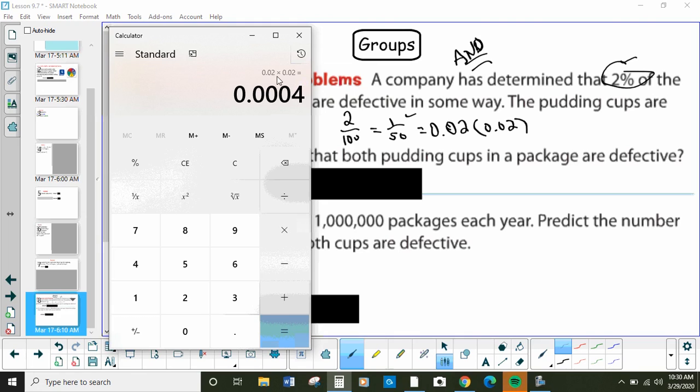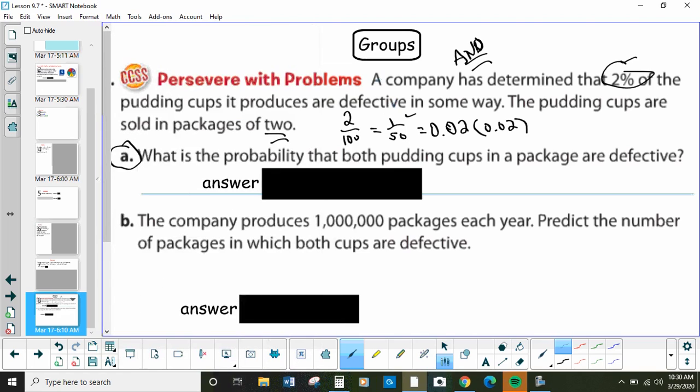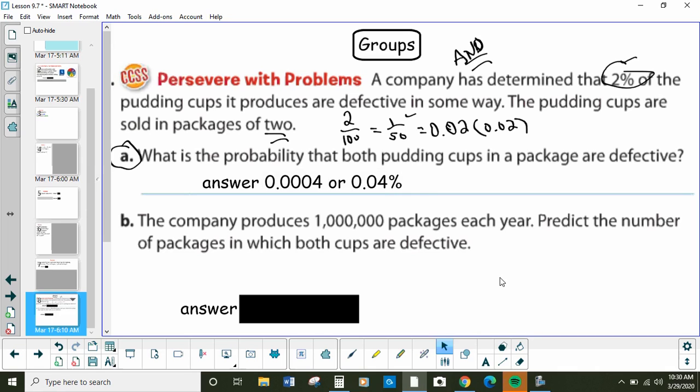What would that be as a percent? If you move the decimal 2 times, you would get about 4/100ths of a percent. So not even 1%, right? If you took a percent and you chopped it up into 100 little pieces, you'd have 4 of those tiny little pieces. That's what that means, okay? So don't confuse these two. I wouldn't put a percent right here. That's the decimal number.